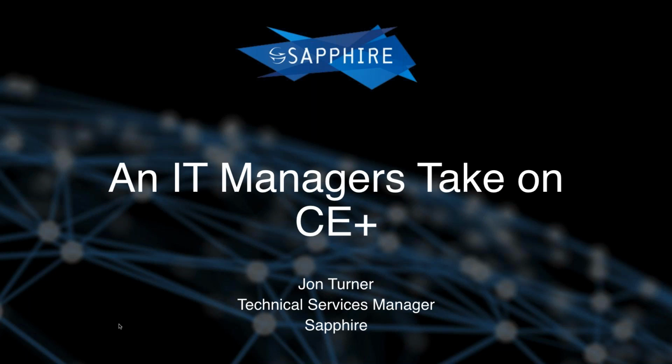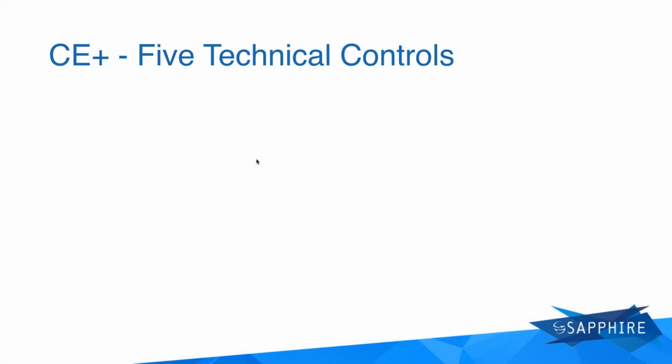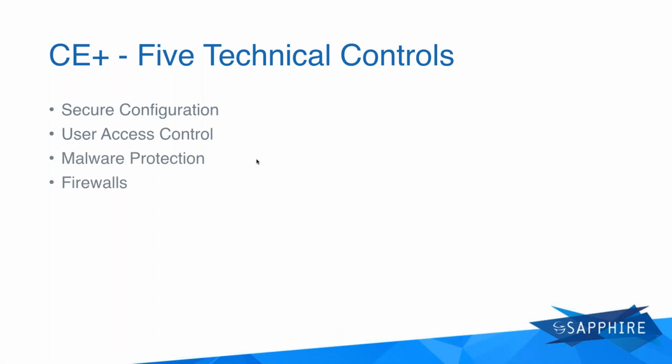So let's jump through the presentation now, and first things we're going to have a look at is the 5 technical controls of Cyber Essentials Plus. So that's basically it. Although the audit, when the auditor comes in, is very rigorous, it's quite narrow in its width.